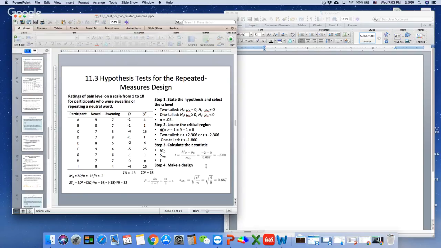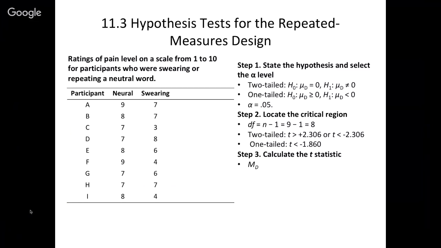If it's a 1-tailed test, we conclude that swearing can significantly reduce the levels of pain compared to repeating the neutral words. Last time we stopped here, and if you don't have any questions for this example, let's continue.